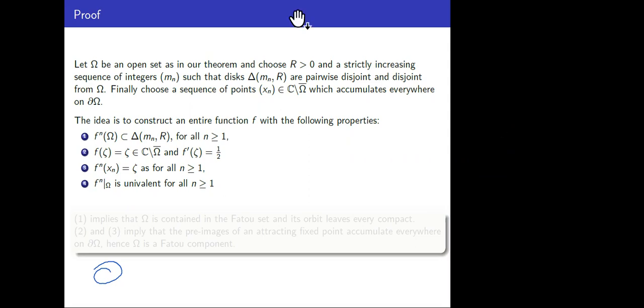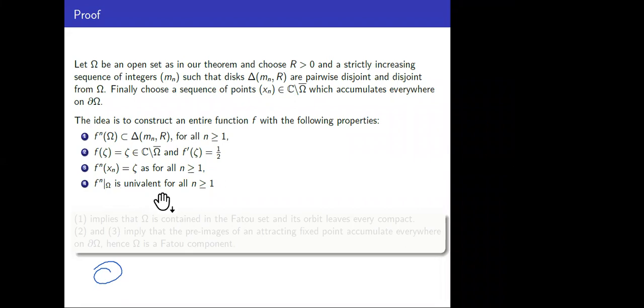The second one, you can make sure that this function has a fixed point, let's call it zeta, which is attracting and which is outside your domain. And the forward images of these points x_n that we have chosen initially are eventually mapped onto this fixed point zeta. And the number 4 is sort of a consequence, so you can make sure that this is univalent.